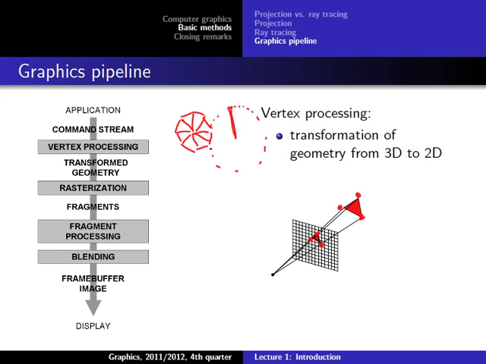And another thing we do in this step is a little shading, but we also do something that is called clipping. The point is, if you look at the screen, you only see a small fraction of your world.